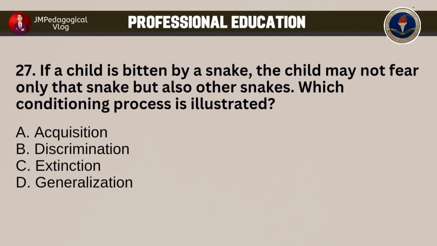If a child is bitten by a snake, the child may not fear only that snake but also other snakes. Which conditioning process is illustrated? A. Acquisition. B. Discrimination. C. Extinction. D. Generalization. D. Generalization.